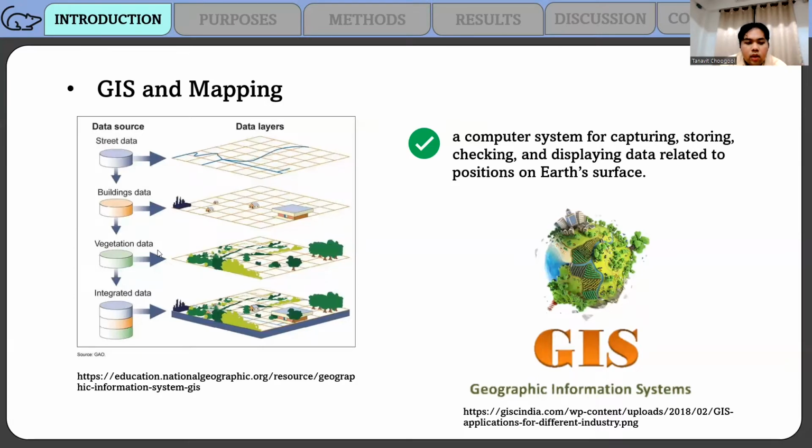For example, when you have street data, building data, and vegetation data, you integrate them all into one map, which is called GIS mapping. This enables people to more easily see, analyze, and understand patterns and relationships between the information.